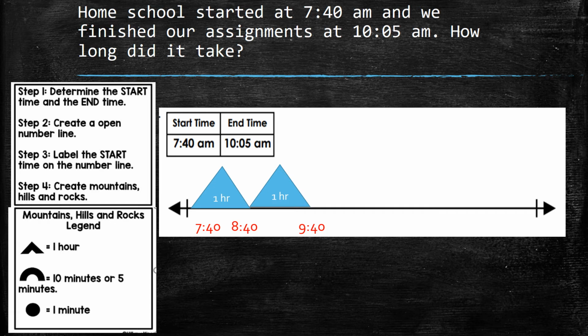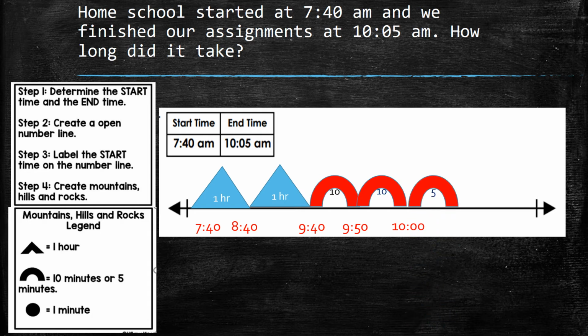No, another mountain would take me past the end time, so I need to draw a hill. A hill I'm going to make 10 minutes, putting the time at 9:50. Another hill, making it 10 o'clock. Remember, after 50 is 60, but it's right on that hour at 10 o'clock hour. And then I can go to another hill.